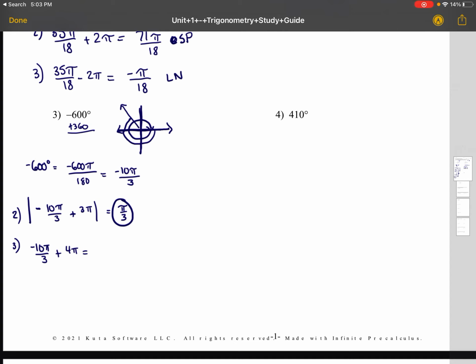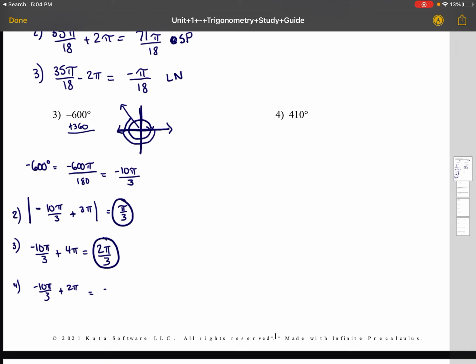And that is the same as adding 12 pi over 3, so that's going to be 2 pi over 3. So 2 pi over 3 is the smallest positive. Then the largest negative: we need to do negative 10 pi divided by 3 and add 2 pi, because that'll still give us a negative angle.